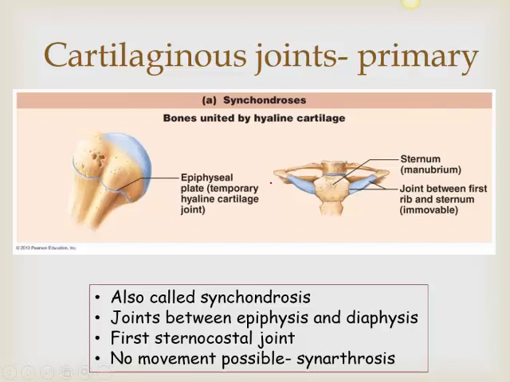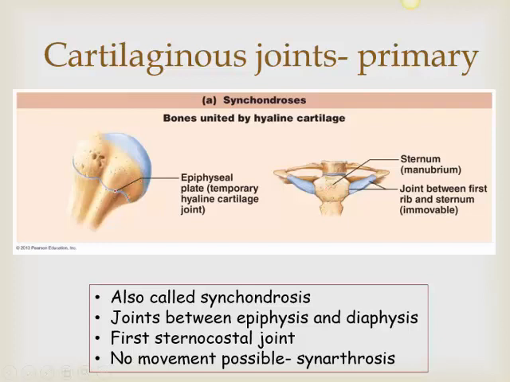Another example is where the first rib articulates with the sternum. Between the first rib and the sternum is this piece of cartilage which is called the costal cartilage, and this costal cartilage also in most cases ossifies. So therefore this whole first rib is attached to the sternum and it moves as one piece.